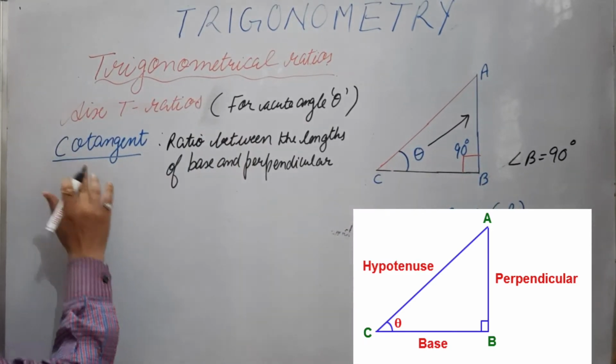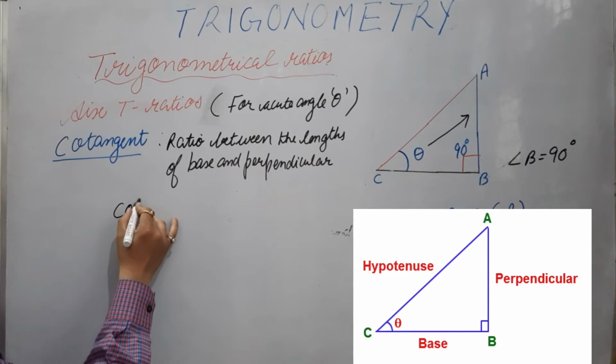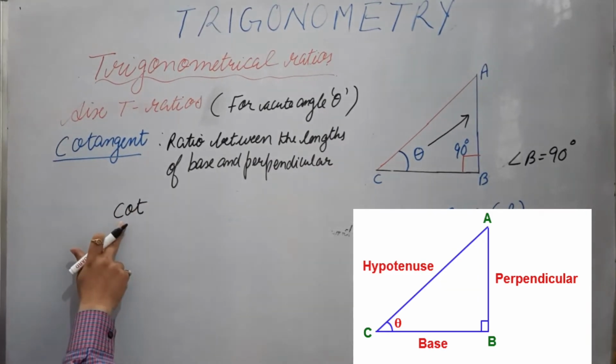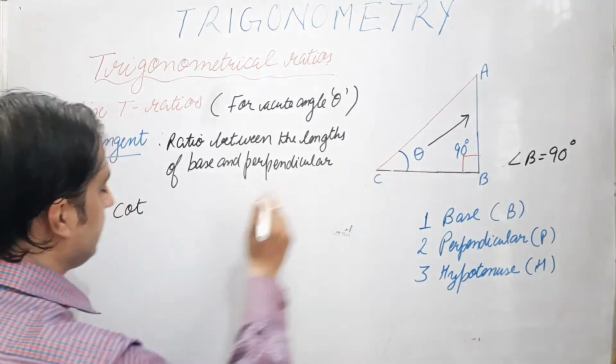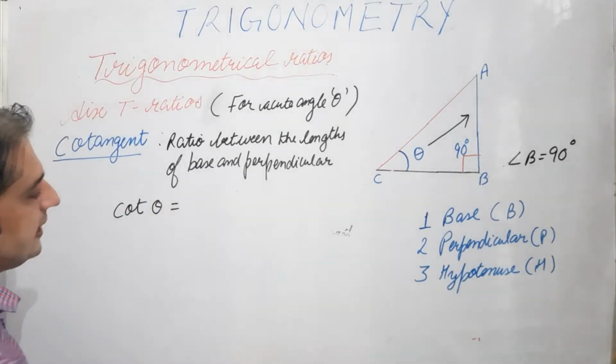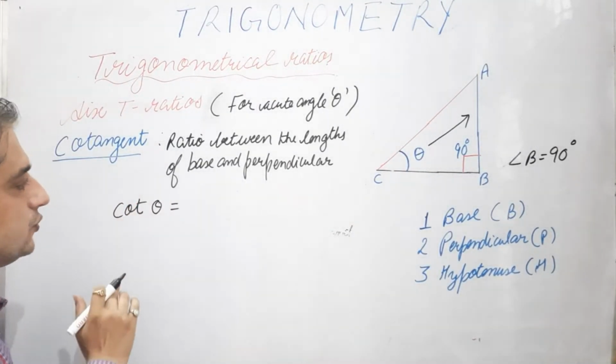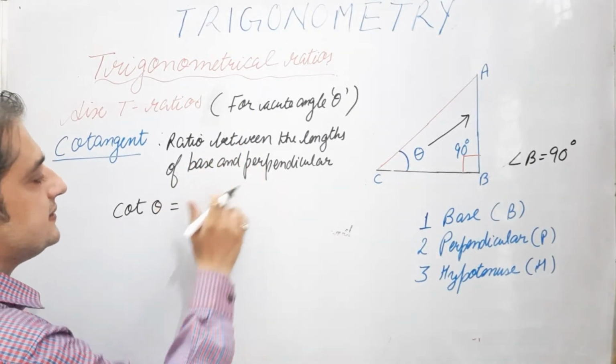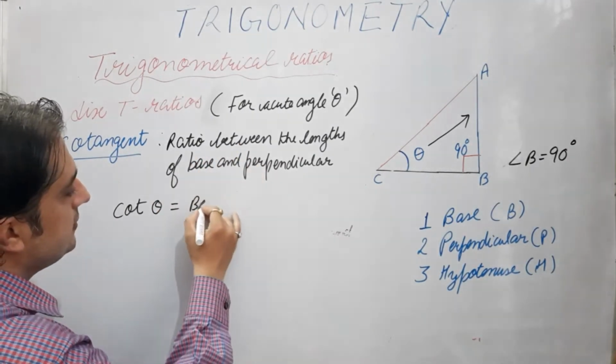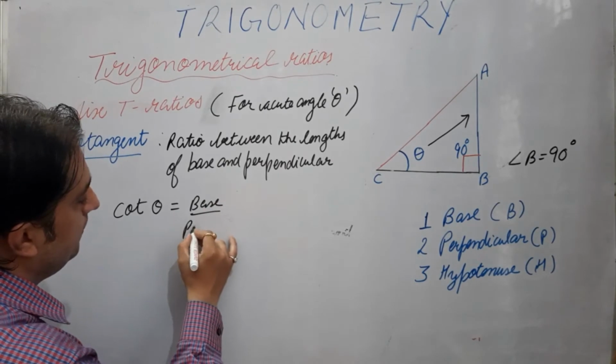So in short, it is written as cot. For which angle is it defined? That is angle theta. So the cotangent of the angle theta is the ratio between the base and the perpendicular.